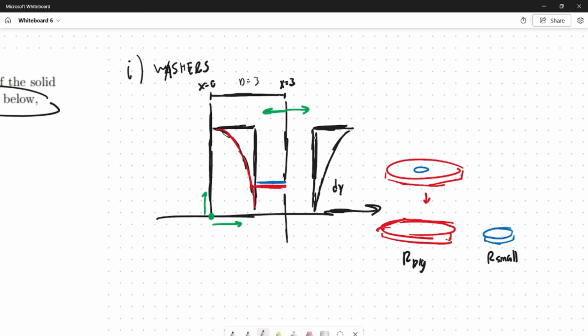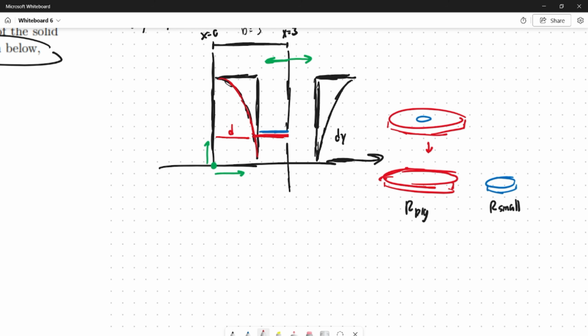Then we need to find the distance here. And then by finding this distance right there, we can subtract this smaller distance, small d, from this larger distance, capital D, to find our radius function for the outer. Small d here would just be equal to the function's output as the function moves upwards with respect to y. That means we need to take the original function that we have here, which is y equals negative x squared plus 4, and put it as a function x in terms of y.